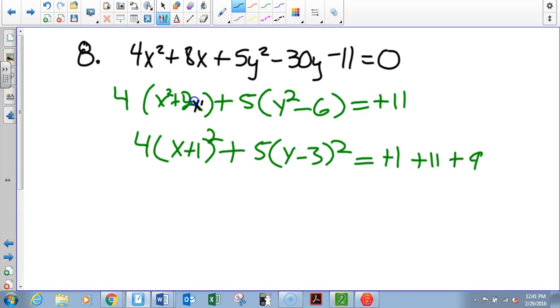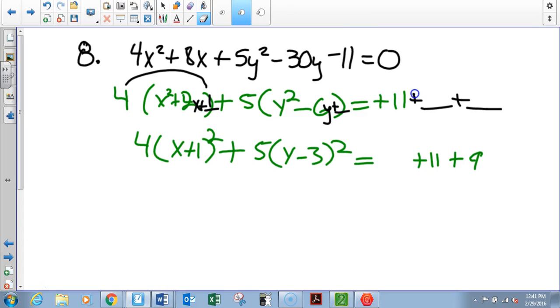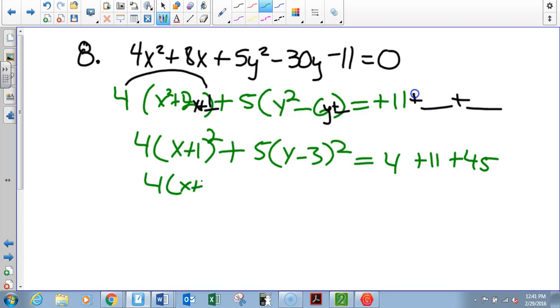You didn't multiply when you brought over the. Oh, you didn't. Oh, that's right. Tyler's right. I didn't multiply down here, so I did do it right. Okay, keep going. So it's right here. This would be 4, and then 5 by 45. 1560. So we get (4x plus 1) squared plus 5(y minus 3) squared.